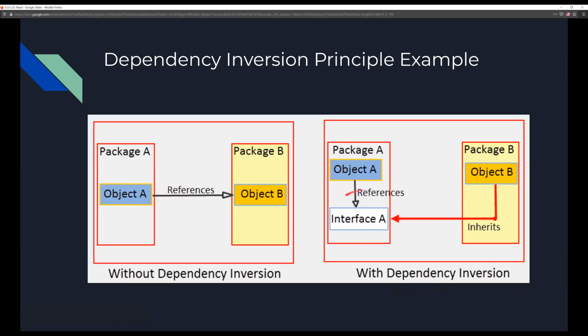That gives us the freedom to not care if object B, our HTTP service, changes. We don't need to know the details of it. All we need to know is the signatures and how we interact with it. It also gives us the freedom to use different interfaces. If we are doing our interface segregation correctly, we will have a very small interface.